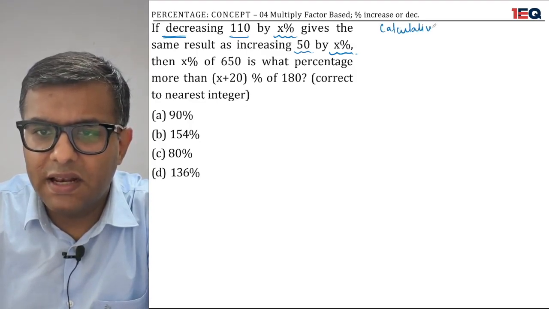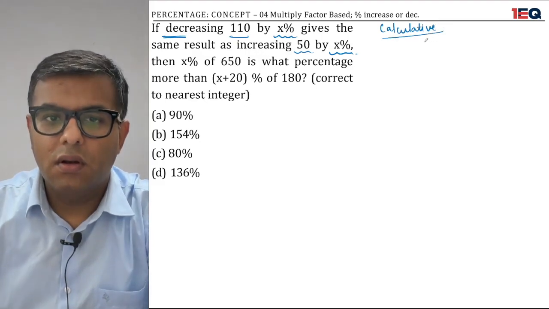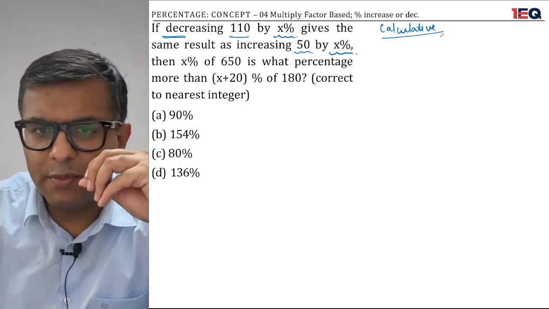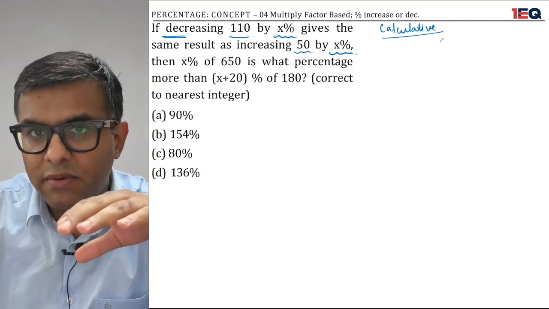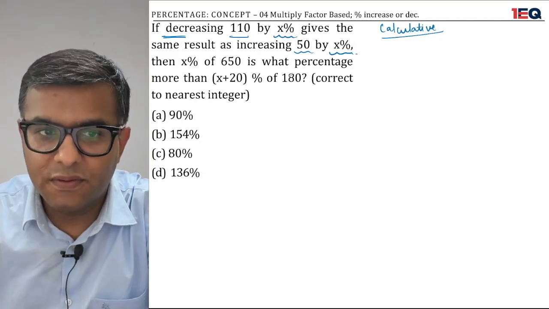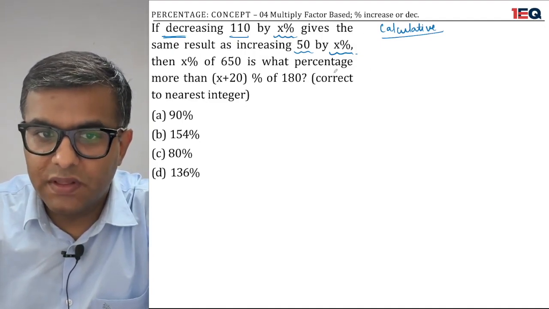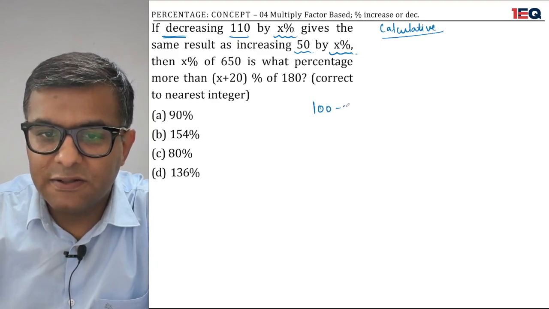This is a calculative question, and if you have some patience, if you can gather a little bit of courage and patience, trust me, you'll be able to sail through this question very easily. Now let's start off solving it. The decrease by x percent can be written as 100 minus x.